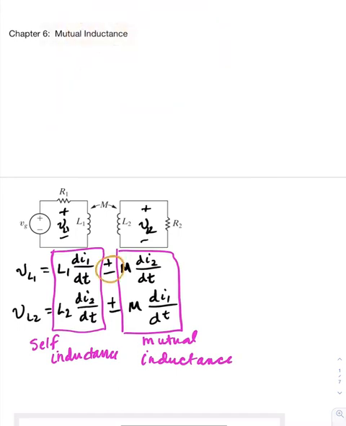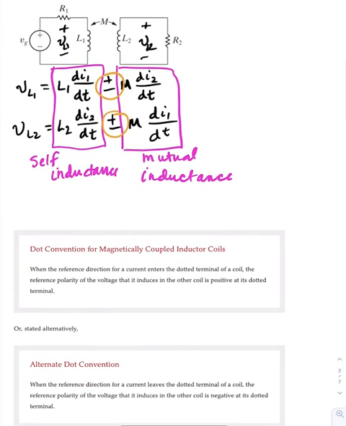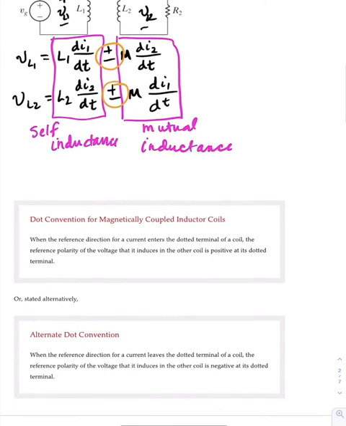And how does the sign get determined? How do we know if it's a plus or a minus? We know that from the dot convention. When the reference direction for a current enters the dotted terminal of a coil, the reference polarity of the voltage that it induces in the other coil is positive at its dotted terminal.